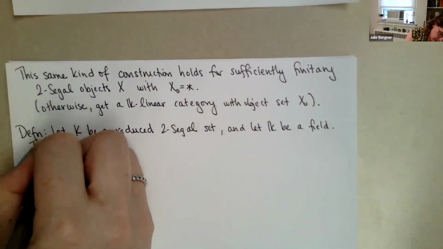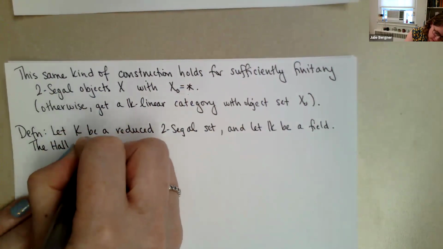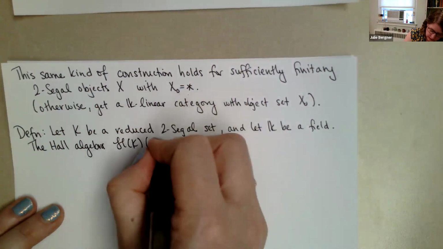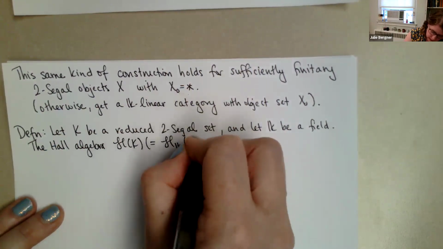So the Hall algebra, we'll usually just write this as H(K). If I want to emphasize the field, I can put that in a subscript.